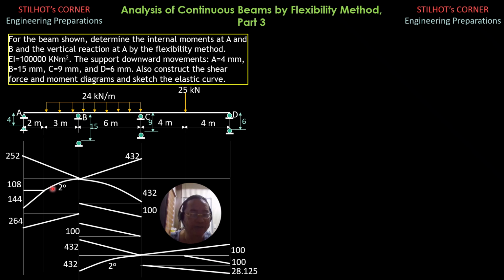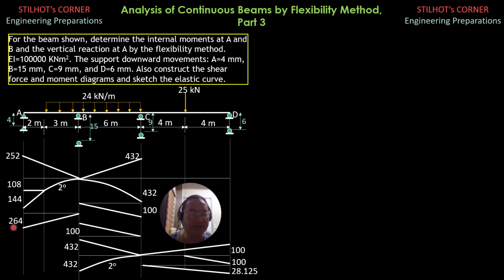Then 24 times 3 is 72, and 72 times 2 is 144. The total moment due to the 24 kilonewton load at this end is 108 plus 144, that's 252. So due to the reaction, it should also be 252 over EI. 252 is 108 plus 144.